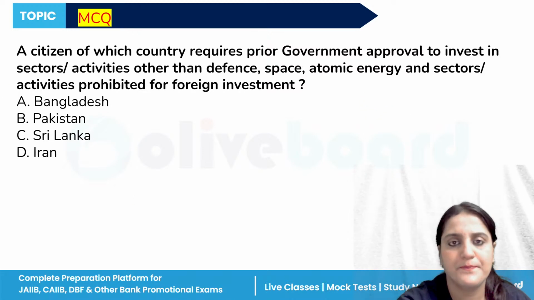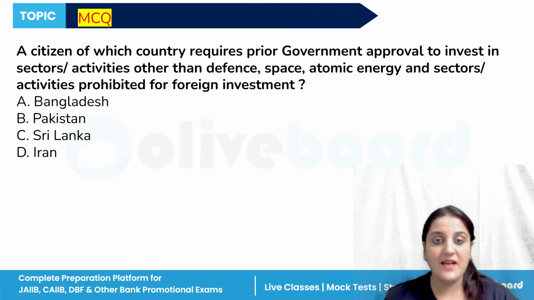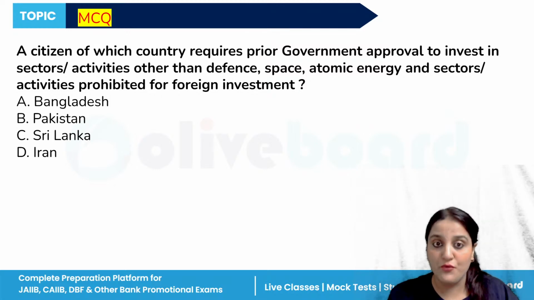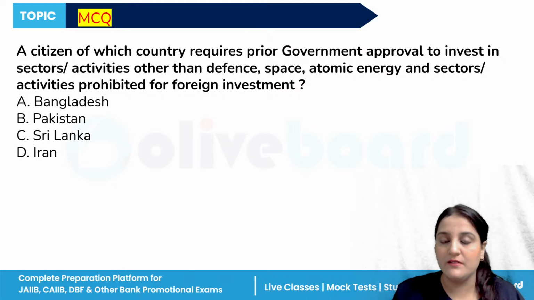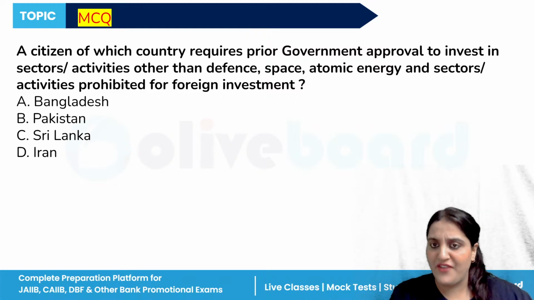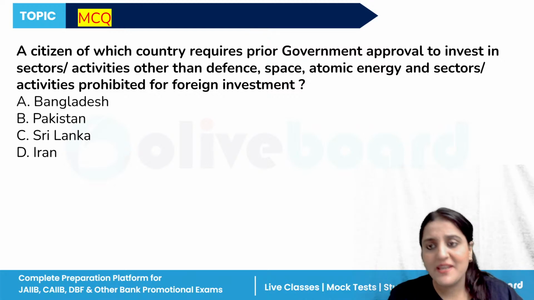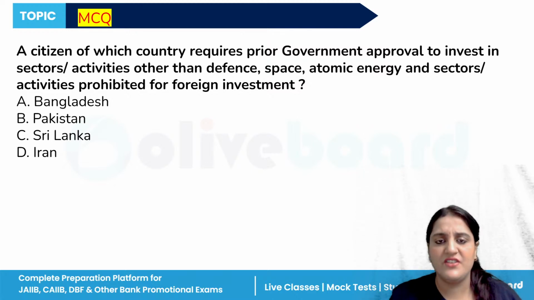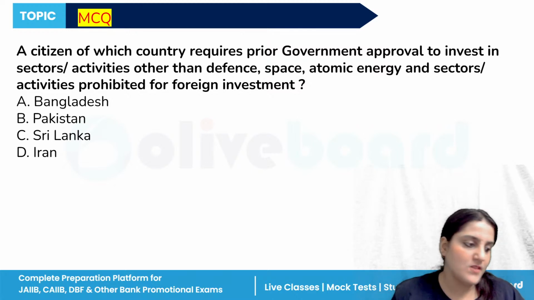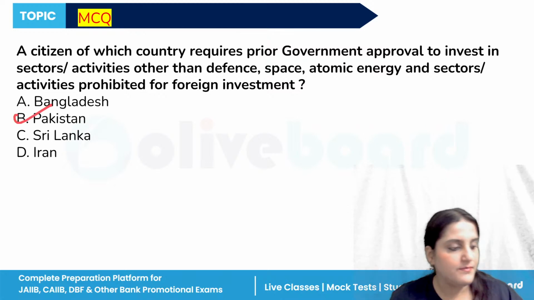Option B is correct. Okay, so a citizen of which country requires prior government approval to invest in sectors and activities other than defense, space, atomic energy, and the sectors and activities prohibited for foreign investment? So the answer is clear, Pakistan.